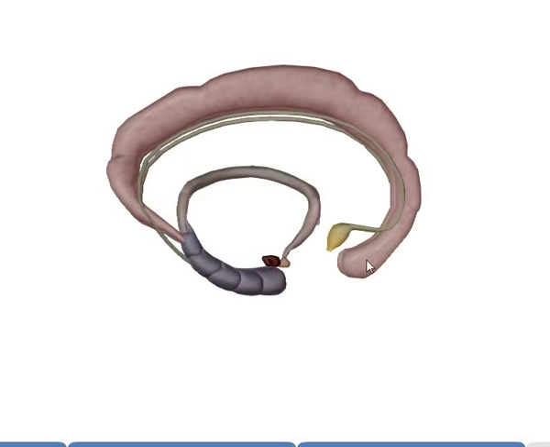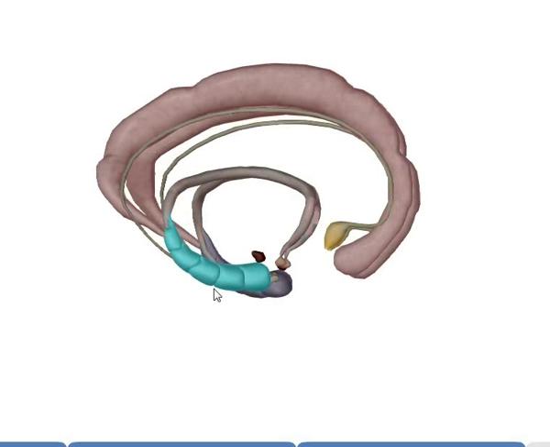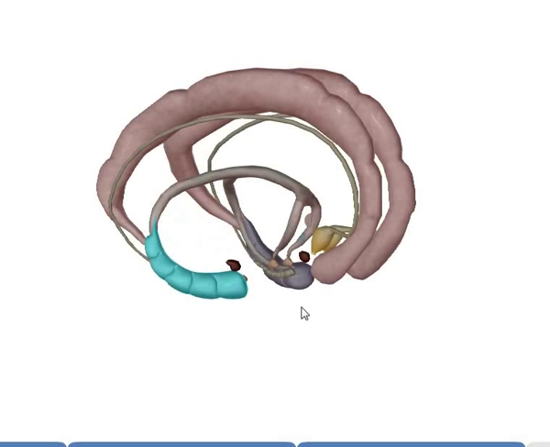But let's talk about this. We know the hippocampus is part of the limbic system. Is it part of the emotional brain? It's really more involved in memory formation than emotional content. But it is part of this limbic system. Now, the very important part of the emotional brain that gives rise to emotional behaviors is this small nucleus here, actually a bit larger than that, I believe, called the amygdala.